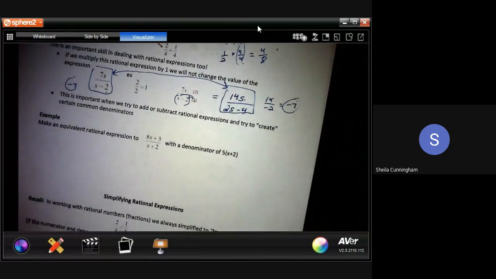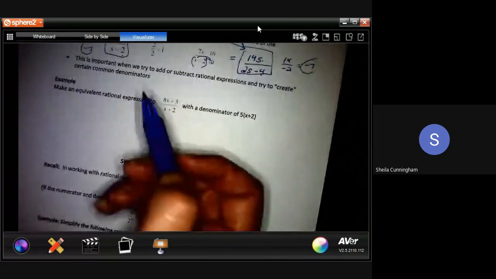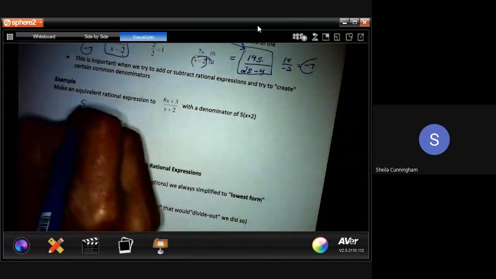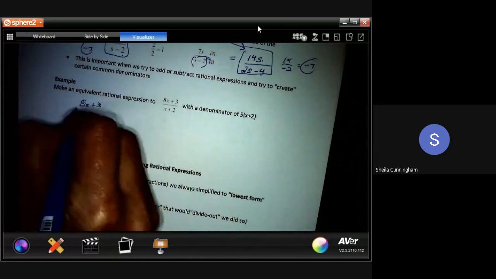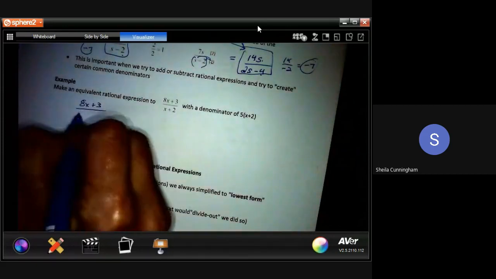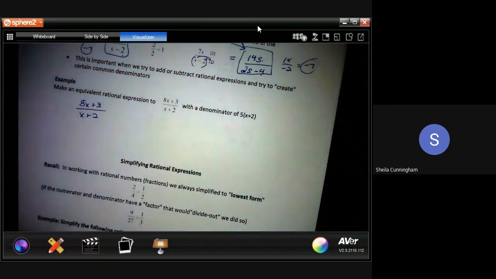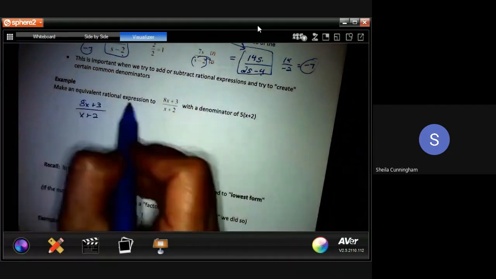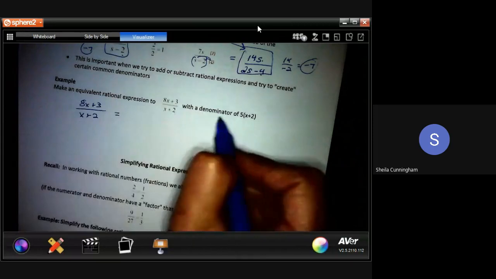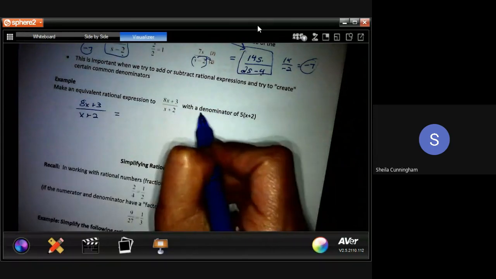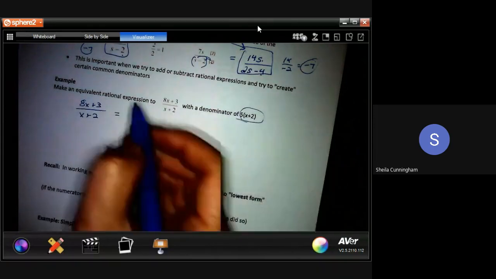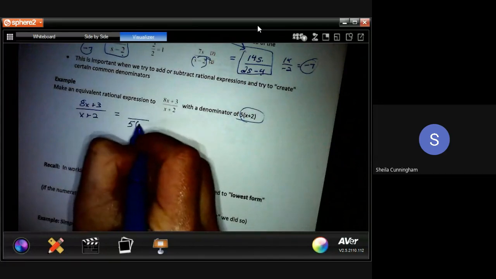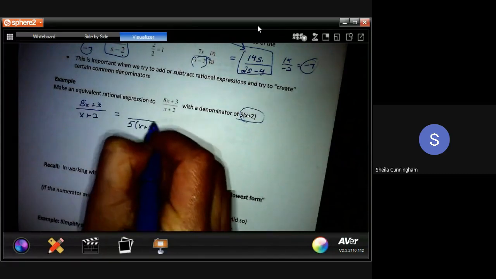Okay. So here's the next piece then. We're asked to take 8x plus 3 over x plus 2. We take this rational expression, and we want to make an equivalent rational expression in which the denominator is really that.